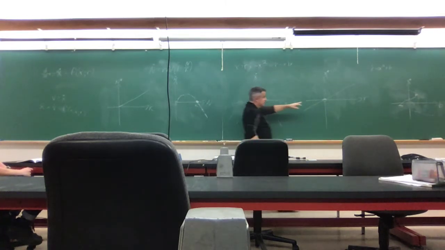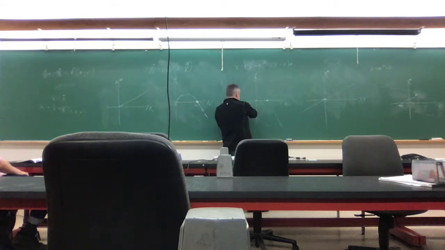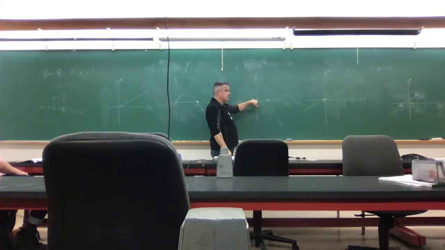When r equals 0, we have the half stable case, where the quadratic is just touching the x-axis. When r is greater than 0, we have this one where this guy is stable and this guy is unstable. And then when it's this way, what's this curve like? So is this stable or unstable?